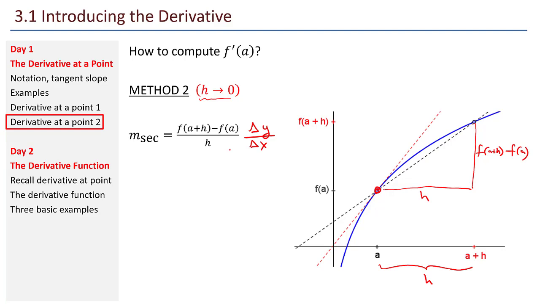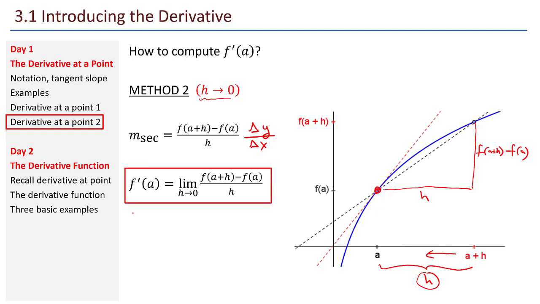How do I make the secant line approach the tangent line? I just make h shrink down to 0. As h shrinks to 0, that point on the right comes in and gets closer to a. So f prime of a, the derivative of the function at a, is the limit as h goes to 0 of the slope of the secant lines, and that gives me the slope of the tangent line.